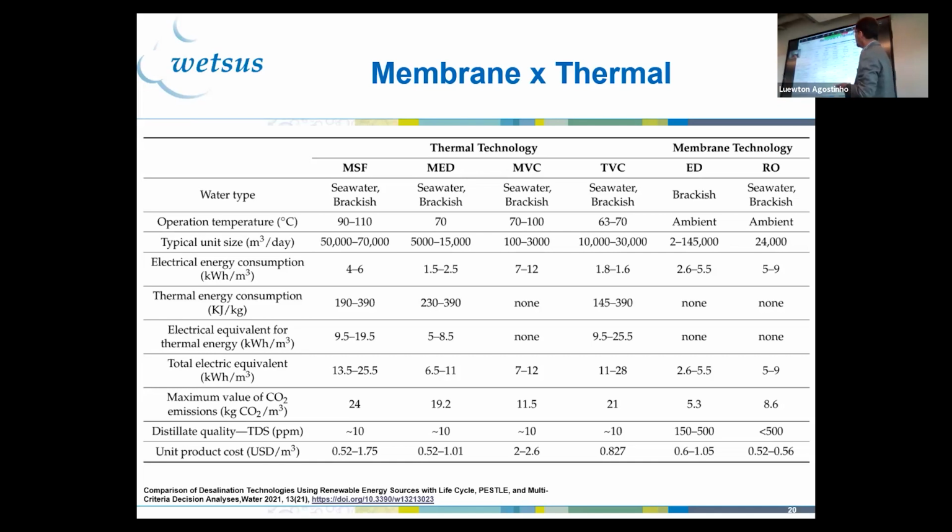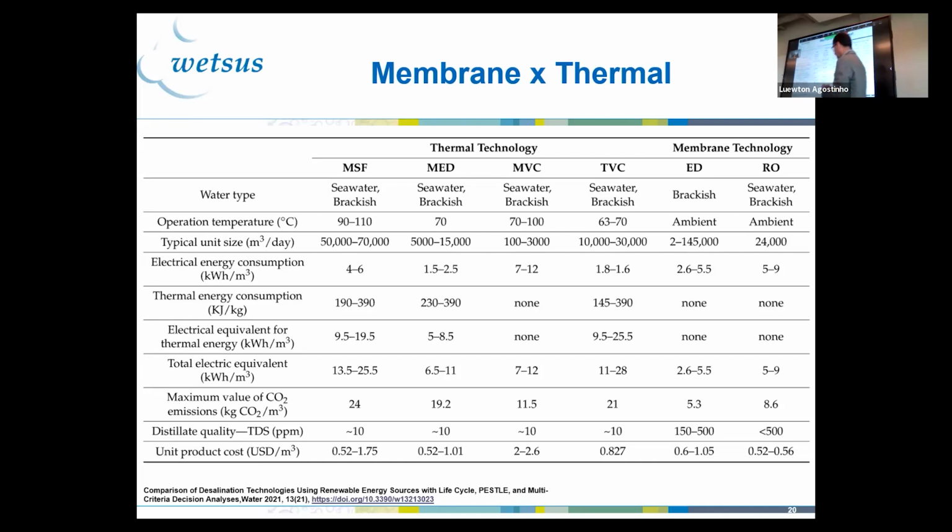Another thing which is very important to see, as I told you, is that the thermal guys are monsters. It's like comparing a truck, the thermal desalination system, and a membrane system, at least what you see now, which is more like a normal car. So you can see that thermal desalination systems start at 50,000 cubic meters per day, while you can have EDR and RO at much smaller scales, up to 2 cubic meters per day.